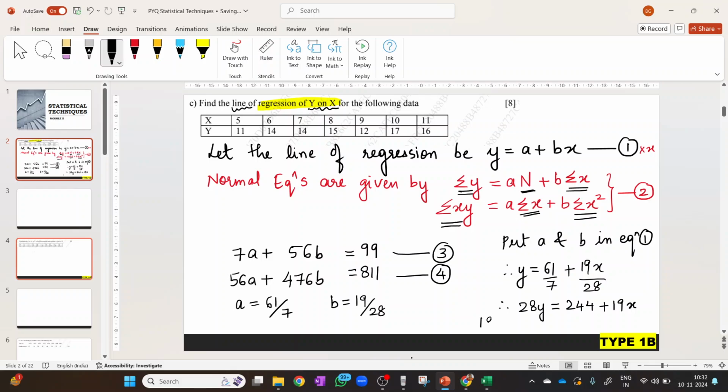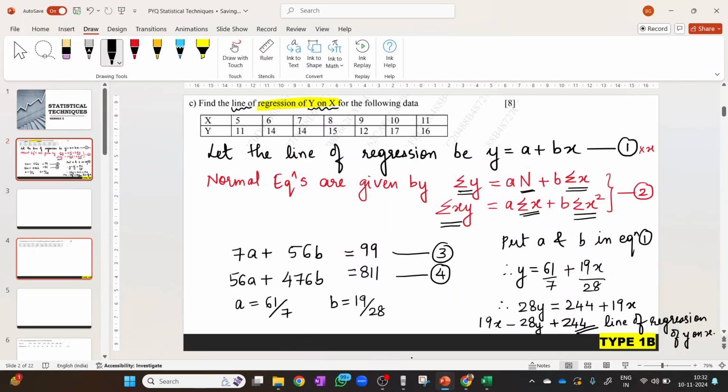So you may write 19x minus 28y plus 244 is your required line of regression. Are you understanding? This is a line of regression of y on x.